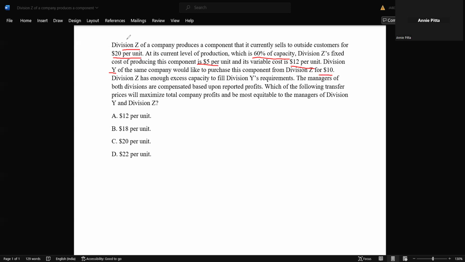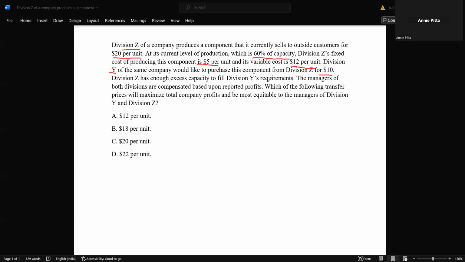The same component is being sold by Division Z in the outside market at $20, but Division Y wants to purchase it at a price of $10. Division Z has enough excess capacity to fill Division Y's requirement. Now, in that case, what's the transfer price?